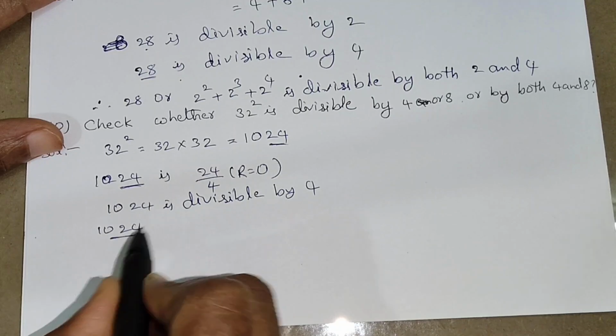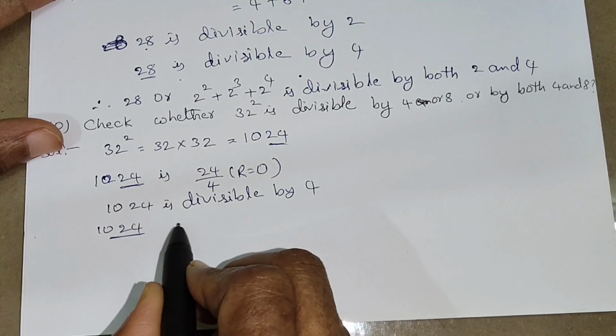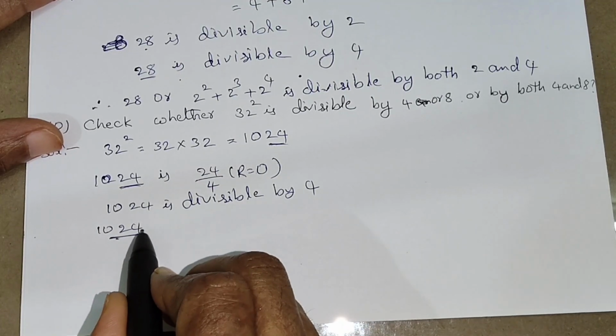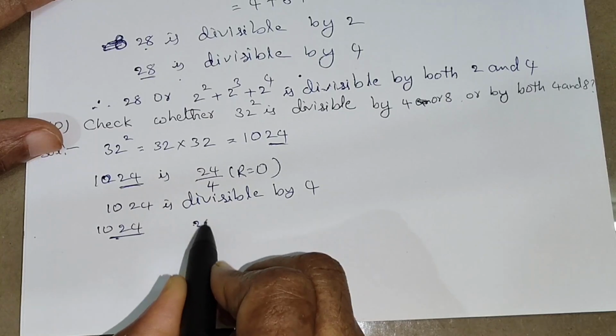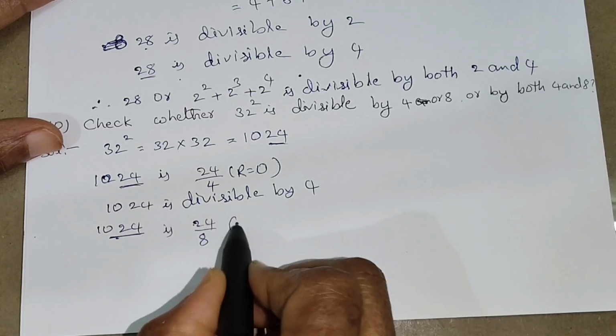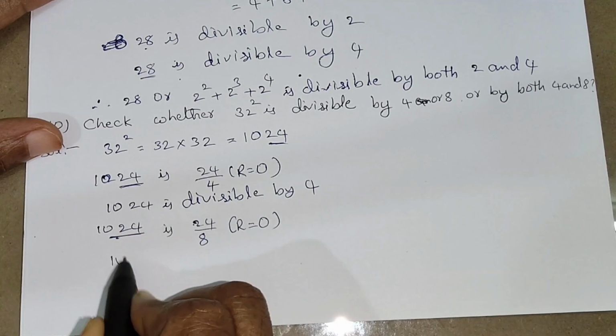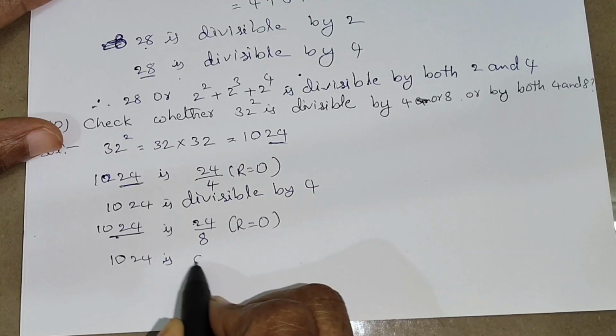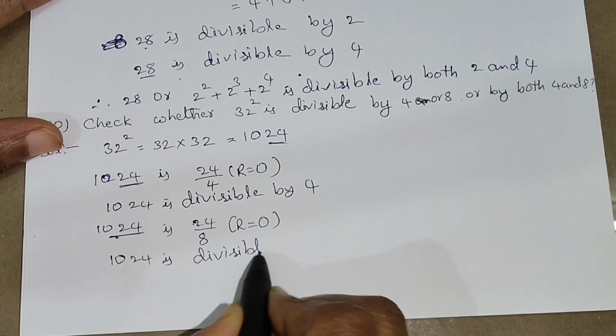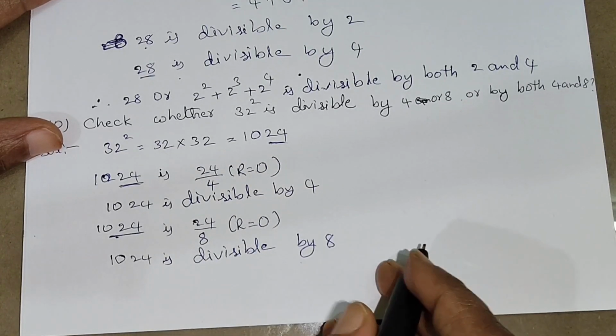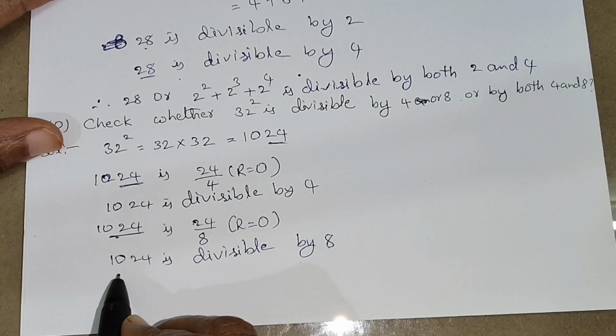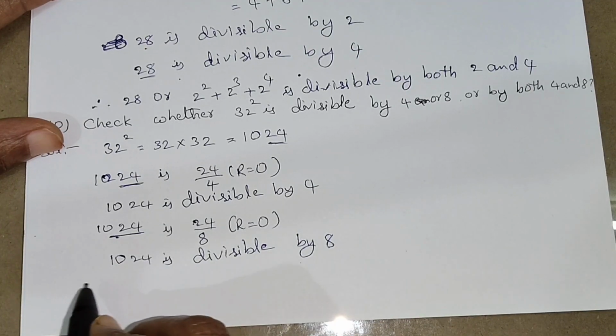Next, for 1024, we check the last 3 digits for the divisibility rule by 8. Here the last 3 digits are 024, and 24 by 8 gives remainder 0. So 1024 is divisible by 8.